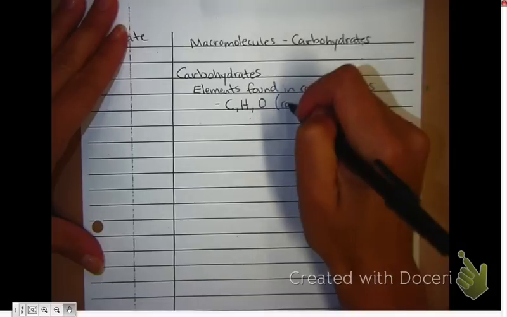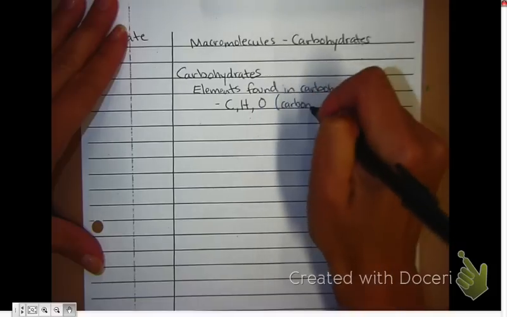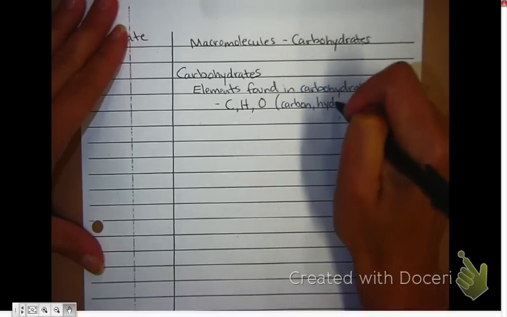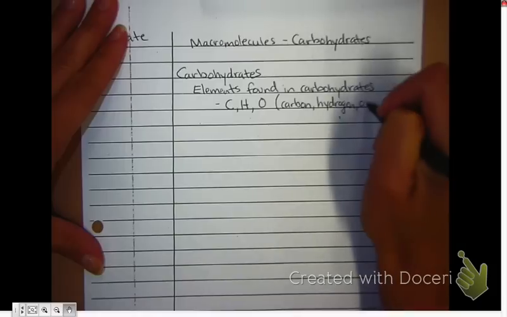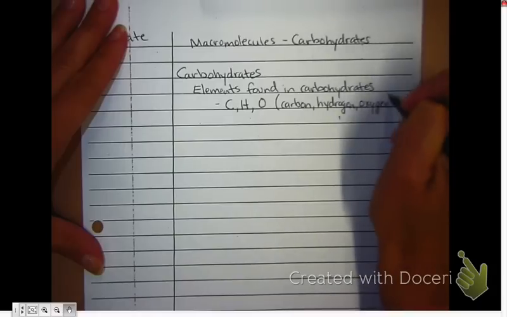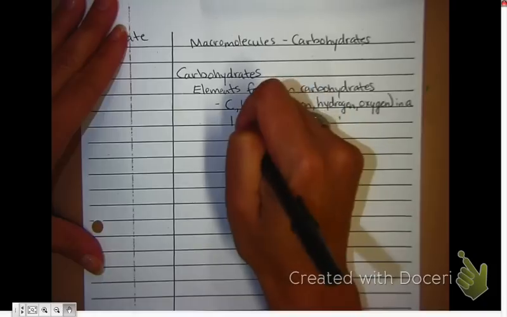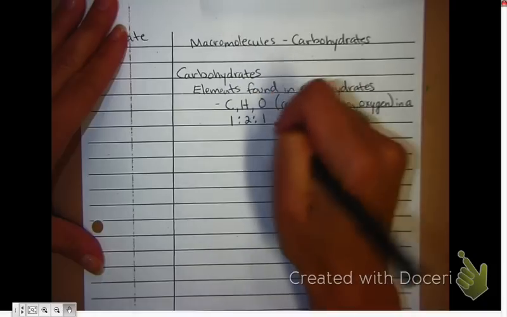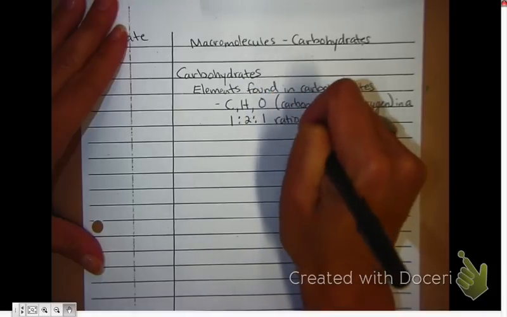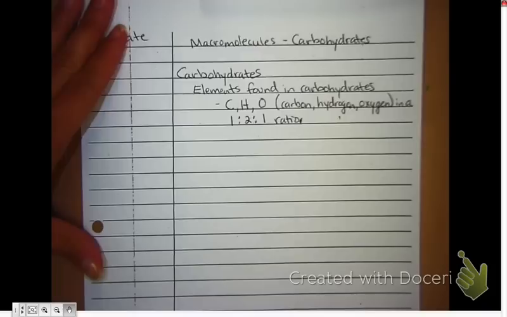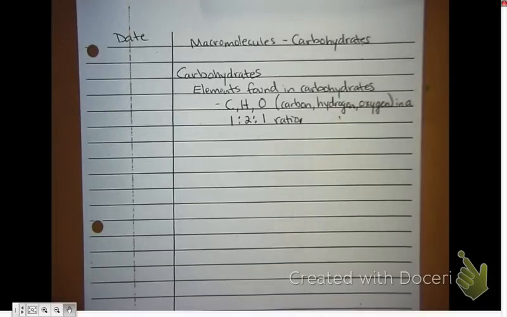That's carbon, hydrogen, oxygen in a 1 to 2 to 1 ratio. Now, what is a 1 to 2 to 1 ratio?